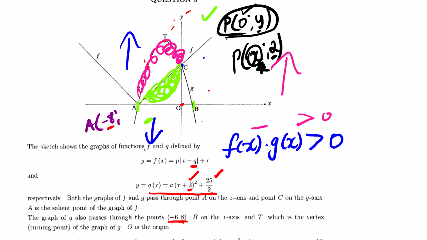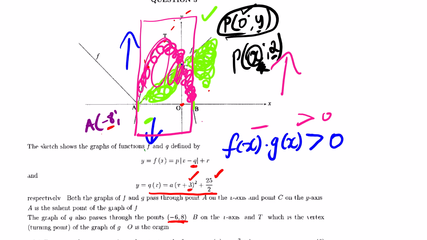Even if you continue beyond point C, you can see that f is still on the positive side of the y-axis, and then g is still on the positive side of the y-axis. So the actual region that you're looking for is this one. The two graphs are on top of the positive y-axis.